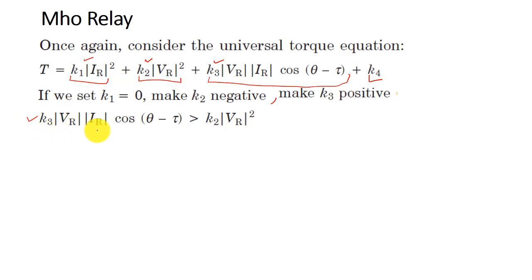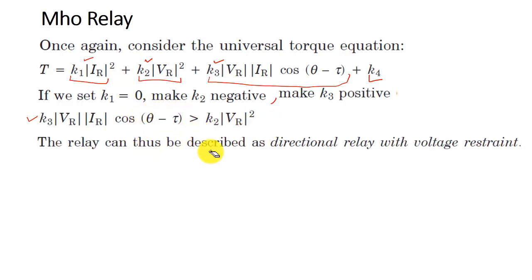So k3 Vr Ir cos theta minus tau should be greater than k2 Vr squared in order to operate the relay. When the relay needs to operate, this should be the condition.